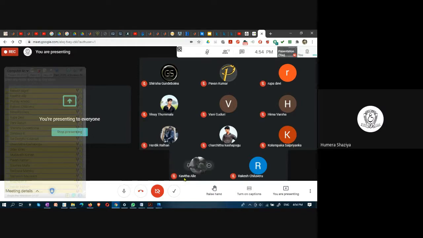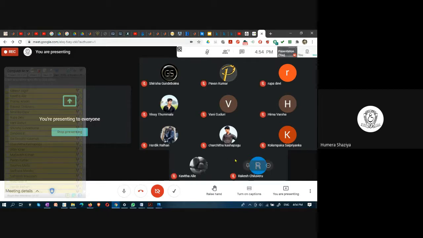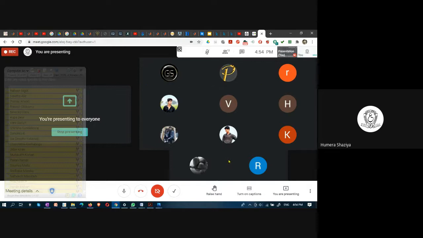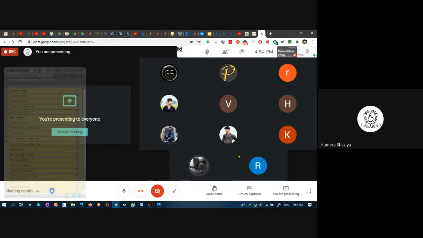Kavita, Rakesh. Clear, ma'am. Okay. Yes, Kavita. Ma'am, it's clear, but while drawing the diagrams, it's somewhat difficult to understand how to draw. Precisely you ask me the question. Which diagram? Where are you finding it difficult?